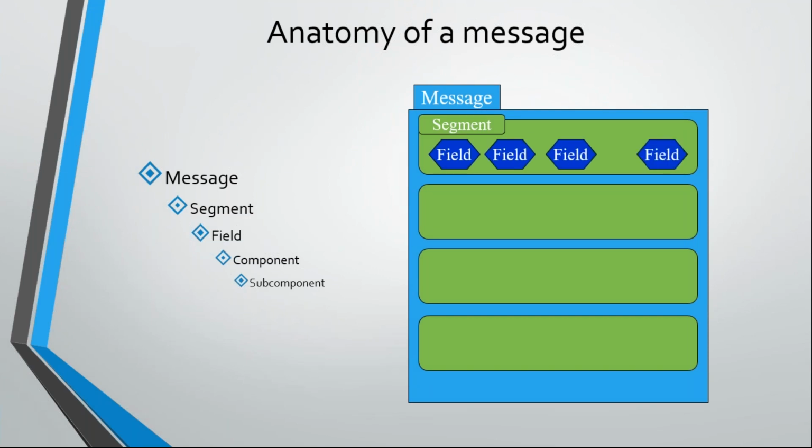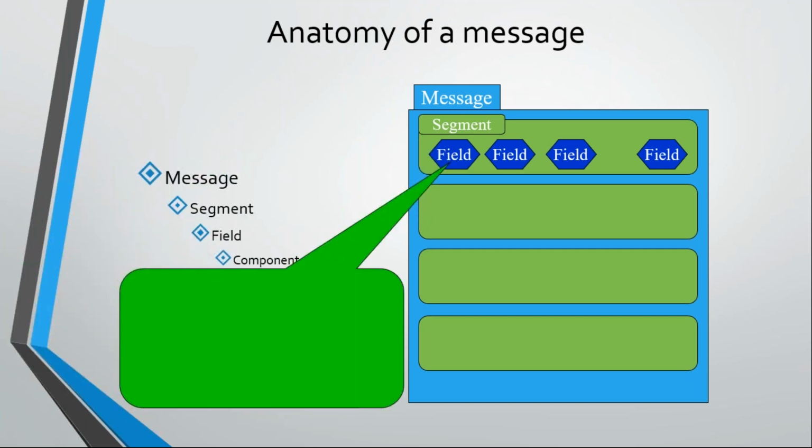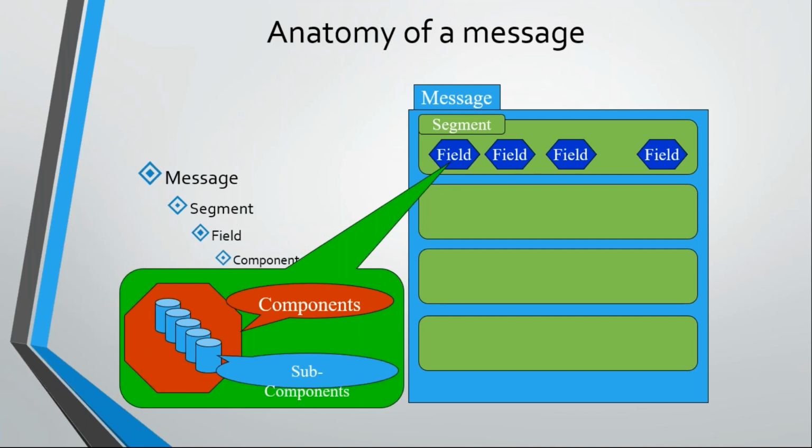We have fields present within each segment, and each field is again divided into components. So there will be components present within the field. This is a tree kind of structure. You will have a segment, segments will have fields, fields will have components, and components will have subcomponents.